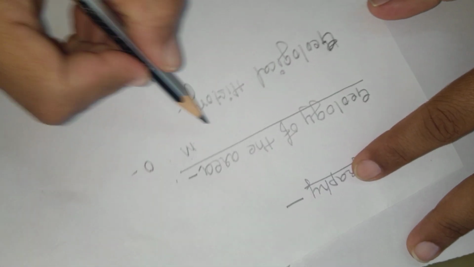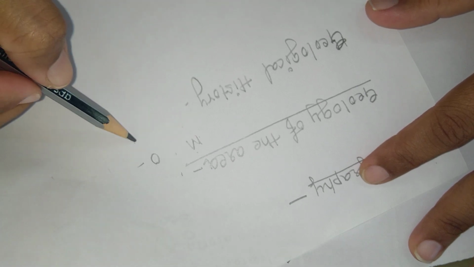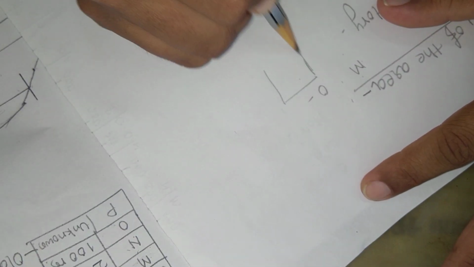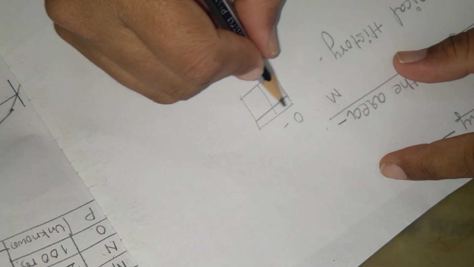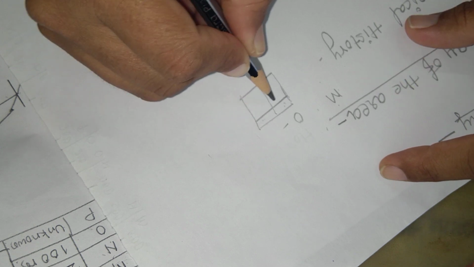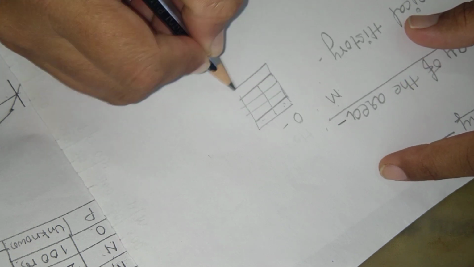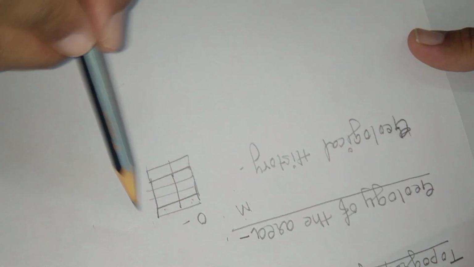Then you can write the order of superposition and the thickness is given below. Here you can write the same index once again, with the two columns, beds and thickness. All the beds we will write, so in this geology of the area we are going to write this.